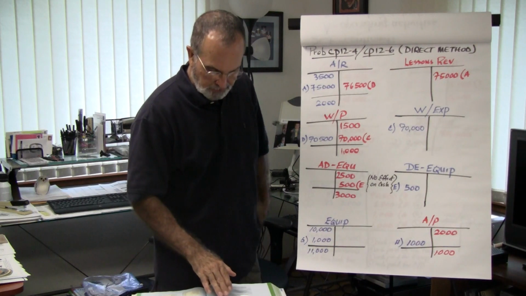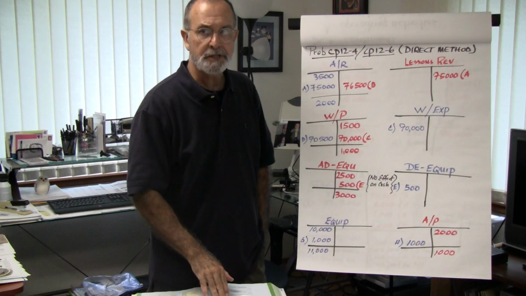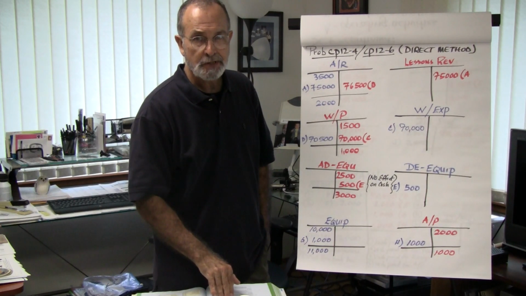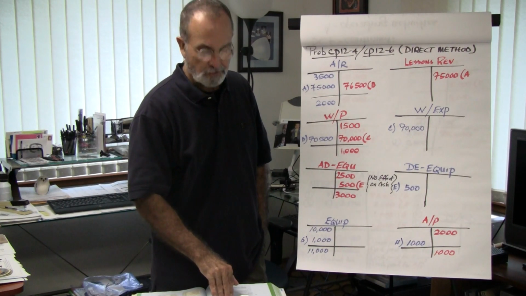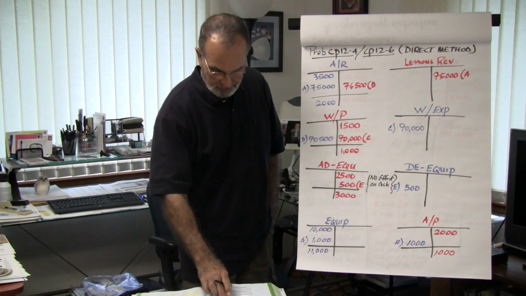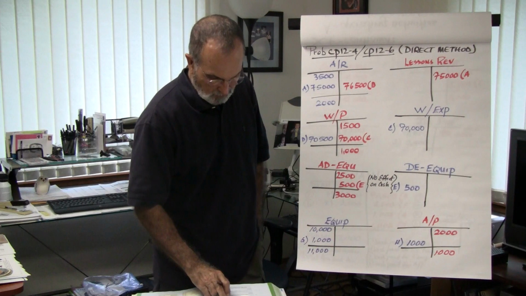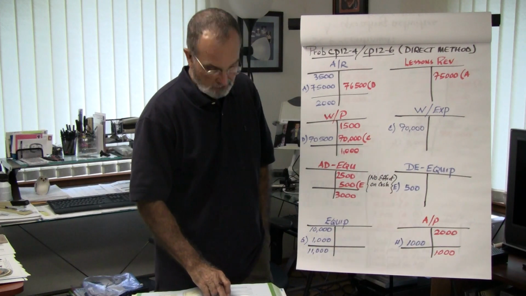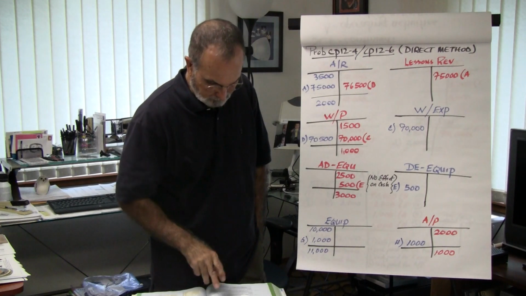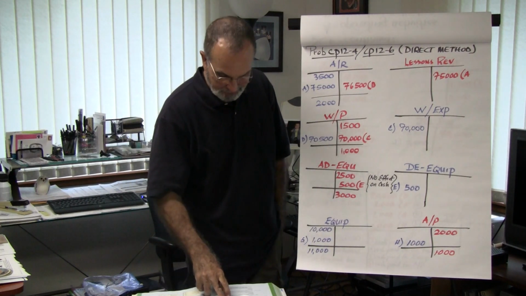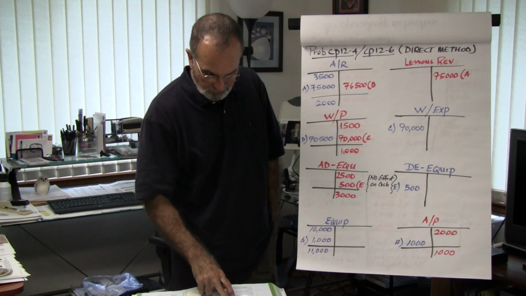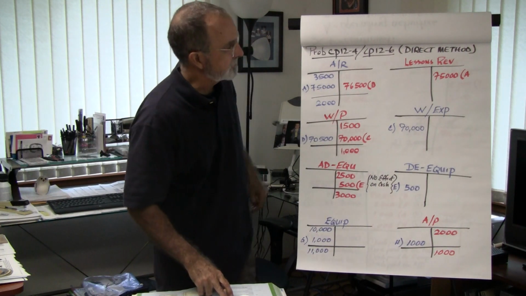And when we work on the statement of cash flows, we want to start with our income statement balances first. And so the first item on our income statement, again, this is problem CP12-4 on page 598 at the top of the page, income statement balances. Our first item is lessons revenue, $75,000.